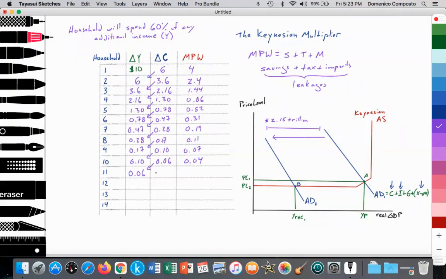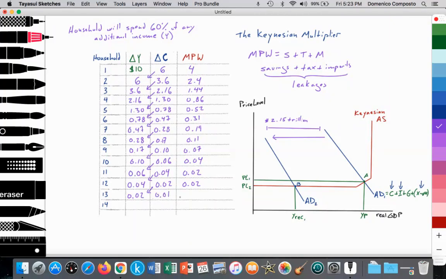60% of that will be spent. And of that, it's about 2 cents saved. And then here we're getting very close to the end, 0.4 cents received by household number 12. And they're going to spend 60% of that. That's going to round up to about 0.02. And that's going to be about 0.02 of withdrawals. 2 cents ending up in household number 13.